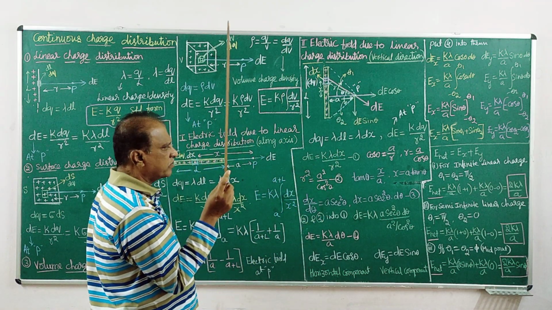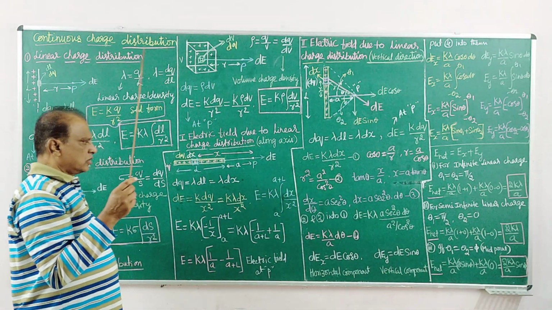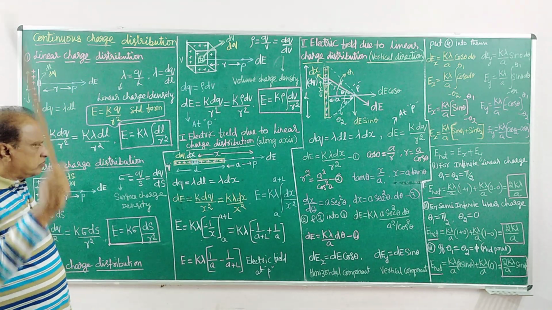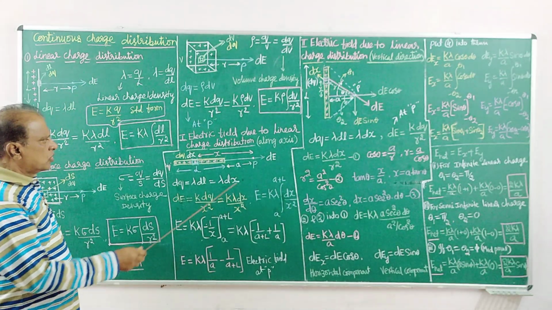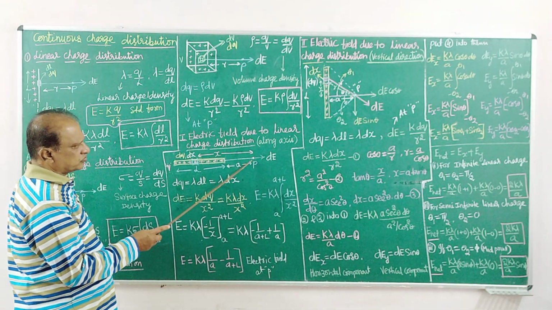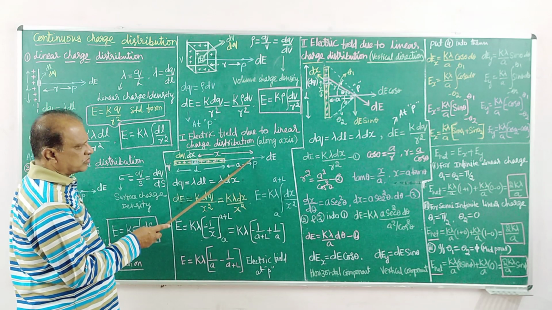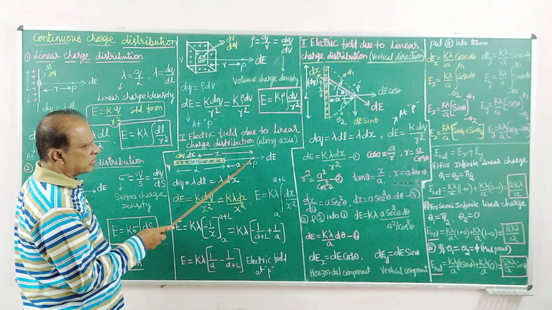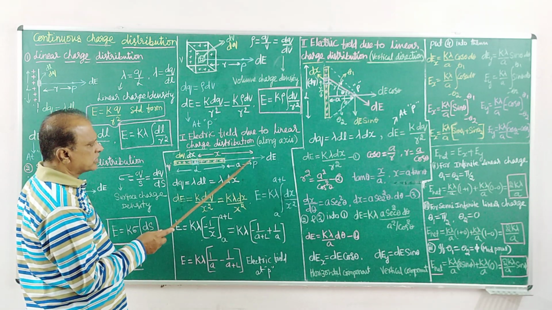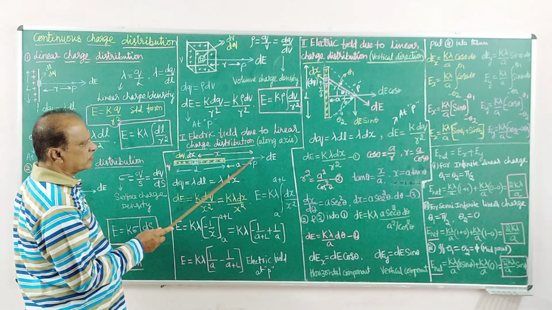Now we go for the mathematical derivation. That is an important one. This will take a mathematical procedure. Of course, different kinds of mathematical methods we are using. So let us go for the derivation for the electric field at this point.